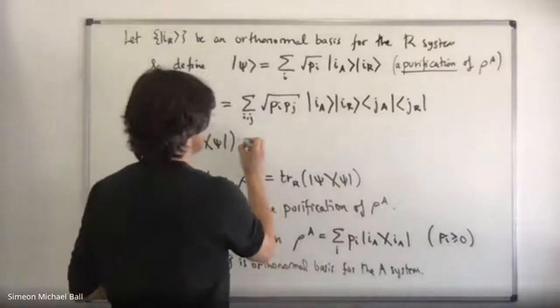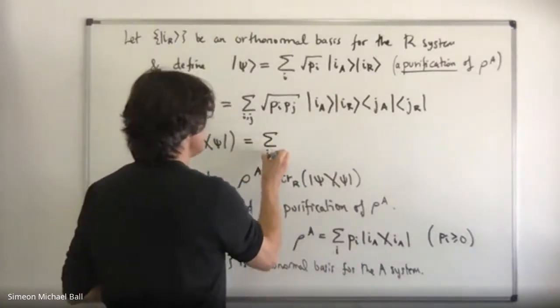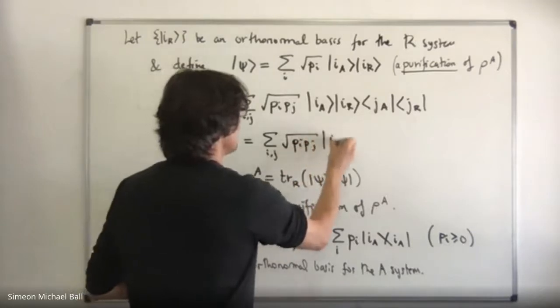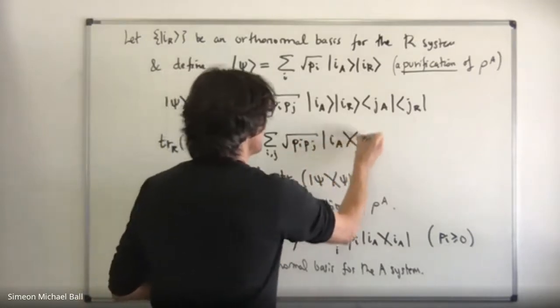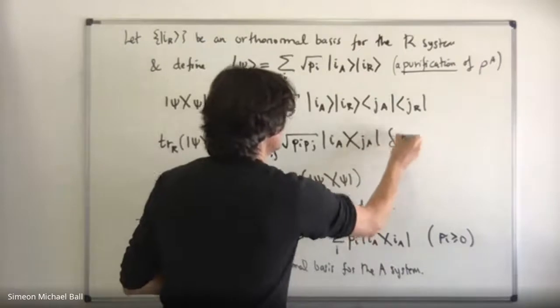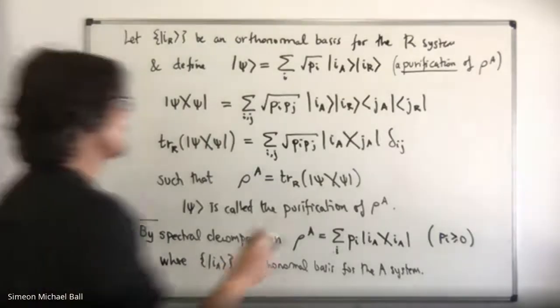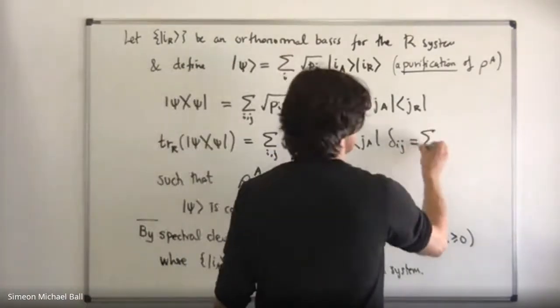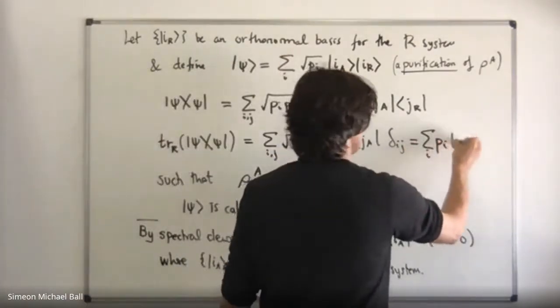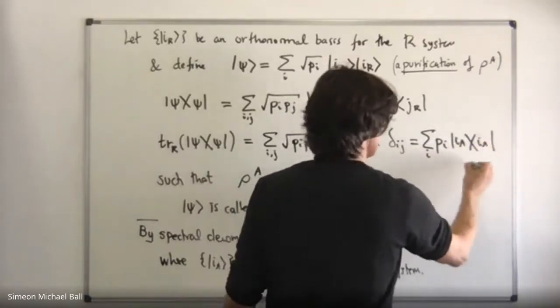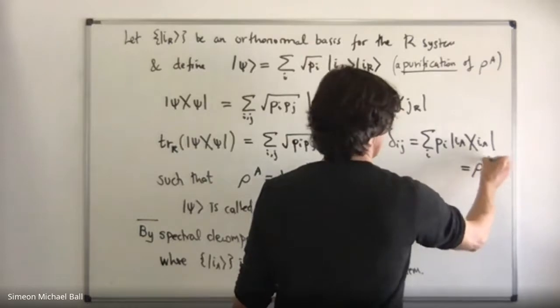So I get my Kronecker delta ij. It's just going to be zeros unless they're the same. When they're the same, this is just the sum over i of p_i |i_A><i_A|, which is right.